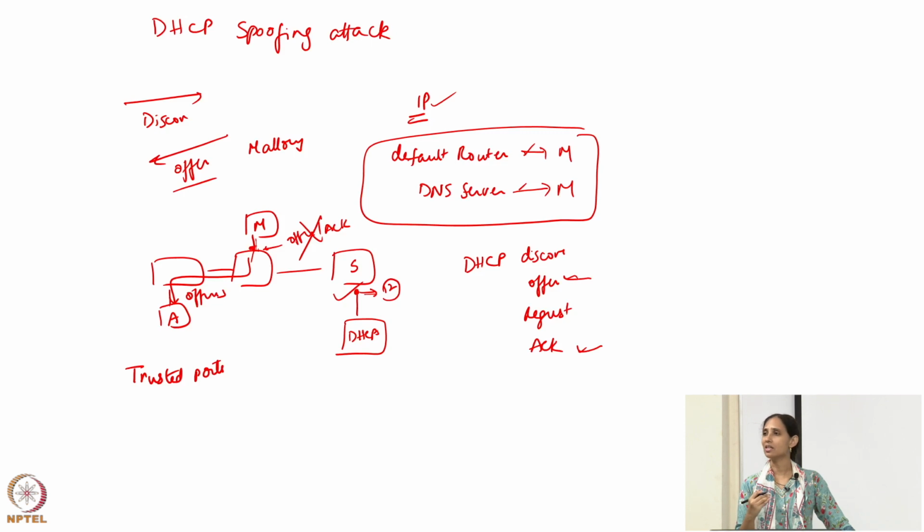Again, as you can see, when switches were built, they were built very simply. But as we saw with MAC flooding and everything else, switches now have to do a lot of heavy lifting. Switches are in general not supposed to look at higher layer data. They are supposed to only look at link layer headers.